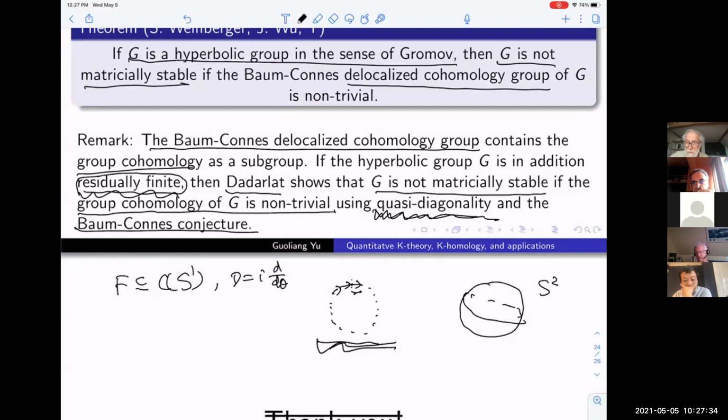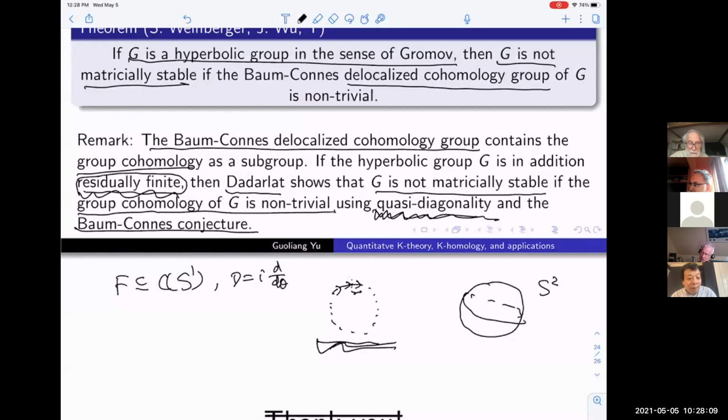And then the problem is that neither one side nor the other side of the assembly map is finitely generated, so you can't see it on finite pieces. Your controlled K-theory and K-homology, I guess, are things which can be seen on these finite pieces.